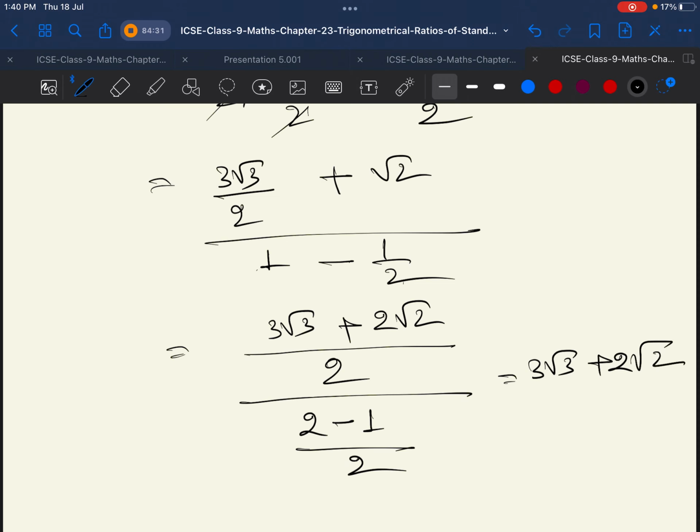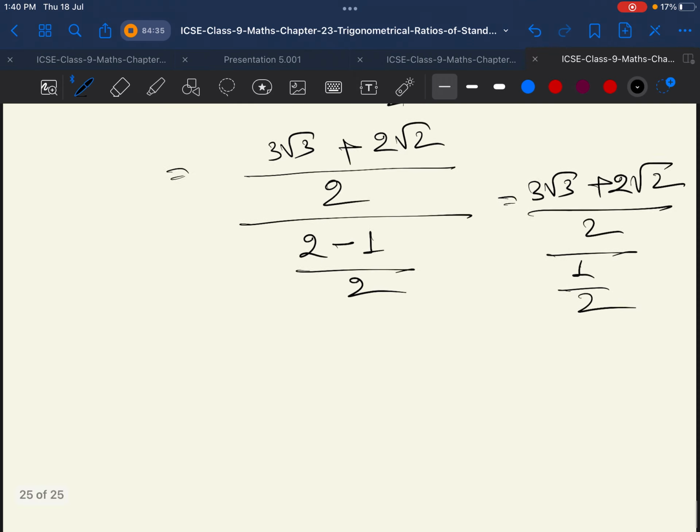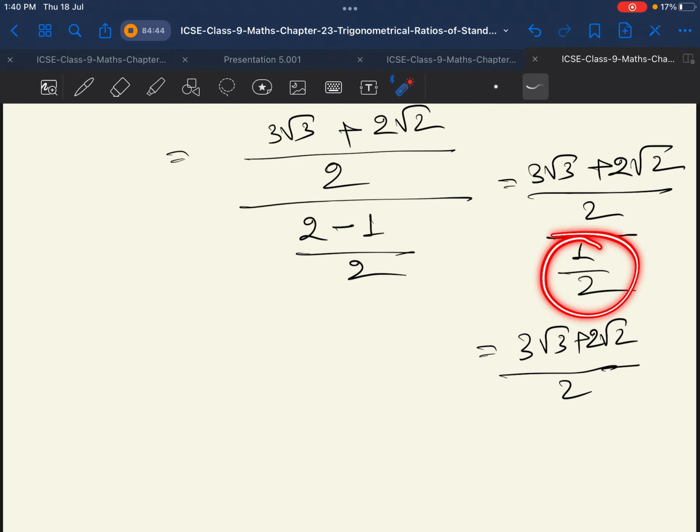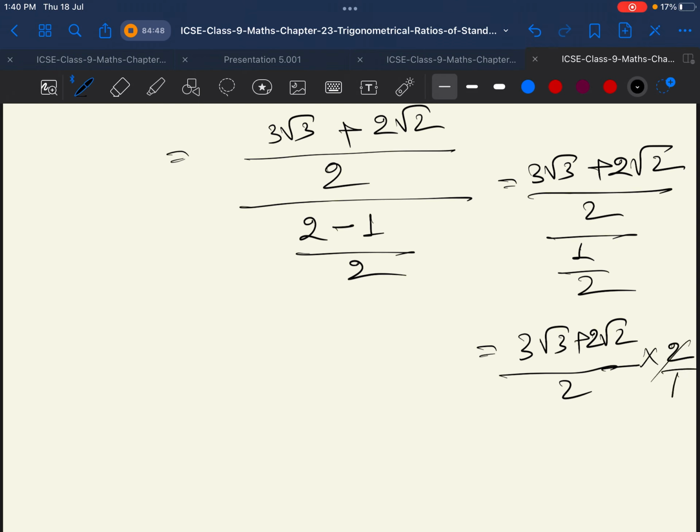So (3 root 3 plus 2 root 2) by 2, and this is 1 by 2. So we can write (3 root 3 plus 2 root 2) by 2, and this term will be here 2 by 1, so the 2s cancel. So we can write 3 root 3 plus 2 root 2.